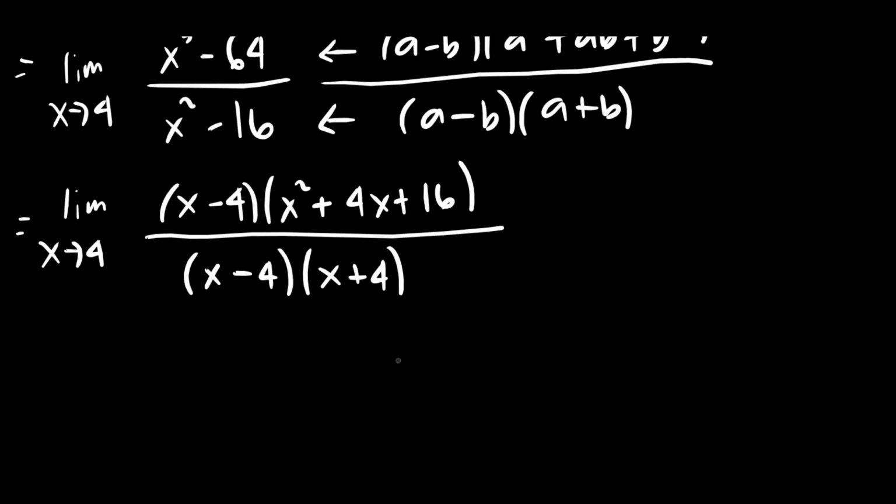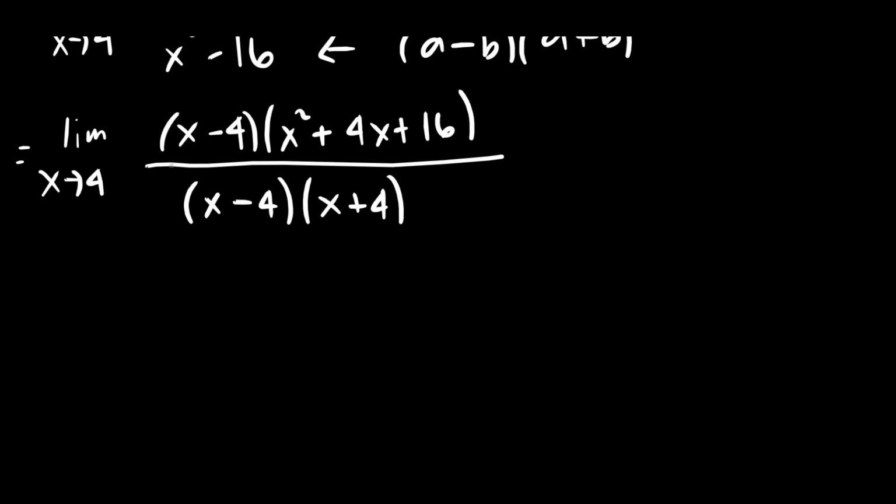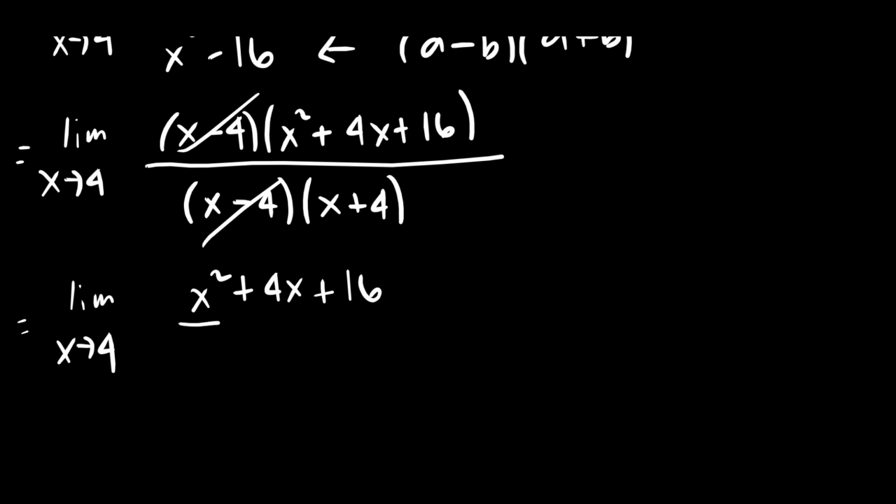After this, we will cancel x minus 4. The remaining is the limit as x approaches 4 of x squared plus 4x plus 16 all over x plus 4.